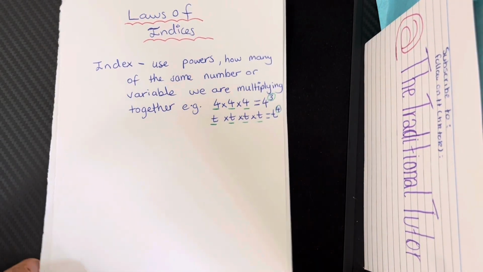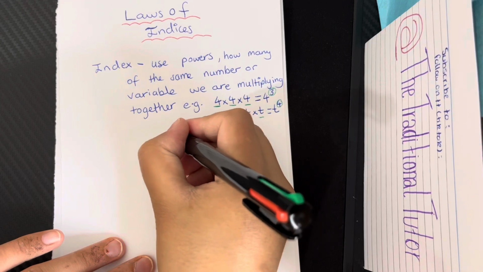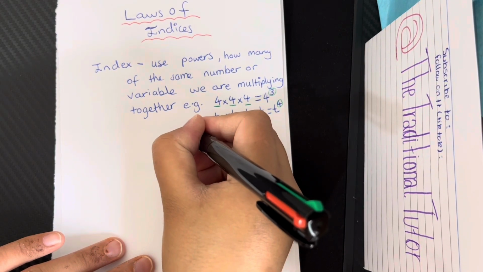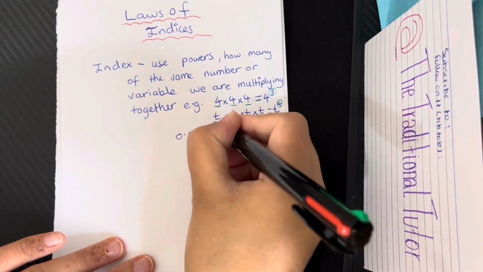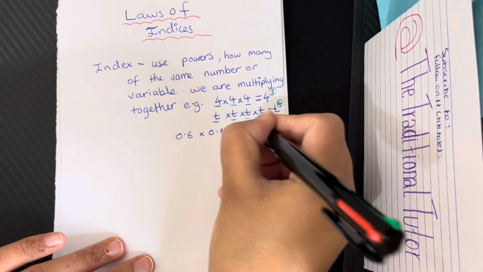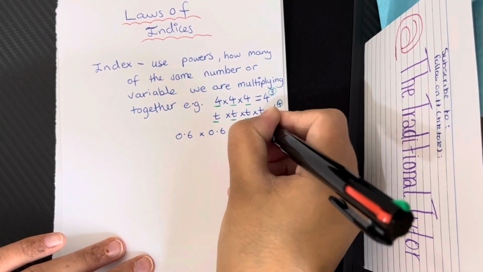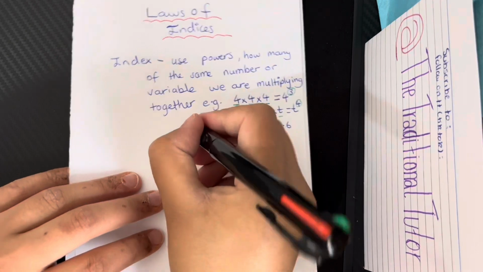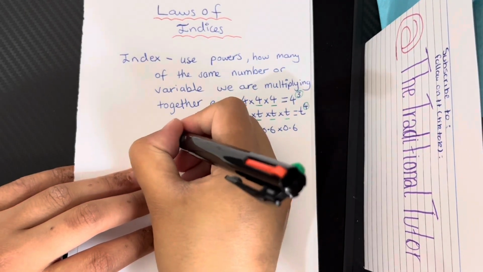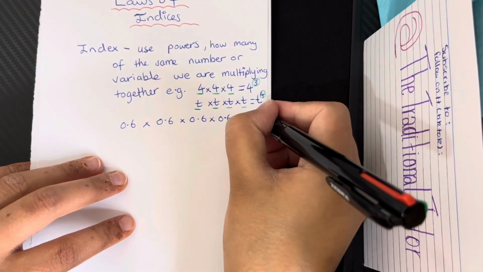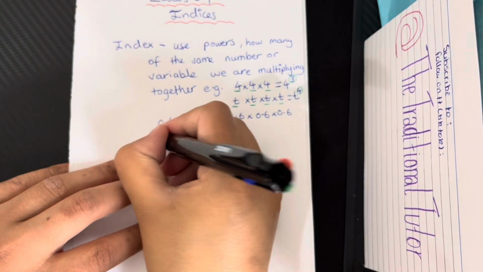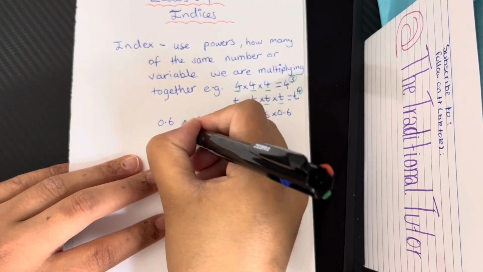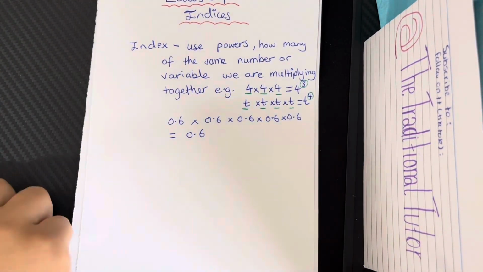And then similarly, we could even have decimal numbers like 0.6 times by 0.6 times by 0.6. We could have a number of these. I'll just go on the next line, and this 0.6, how many of them have we got?